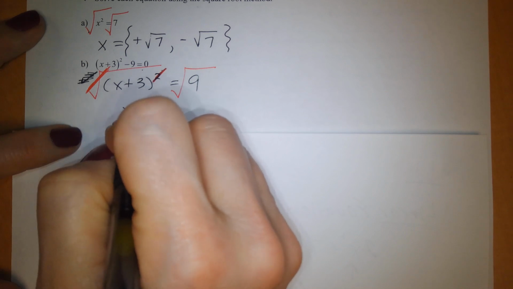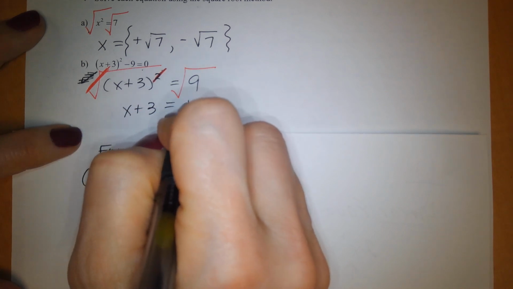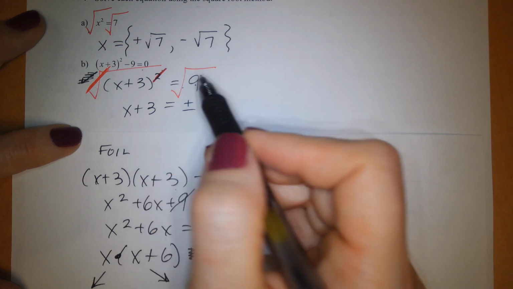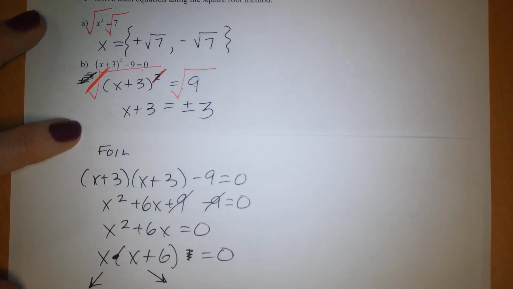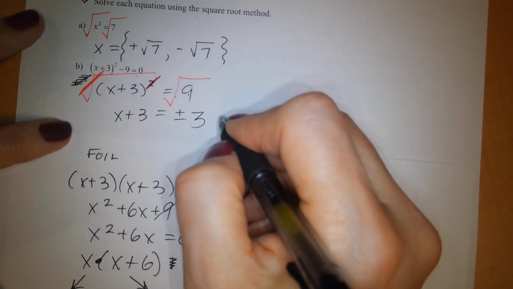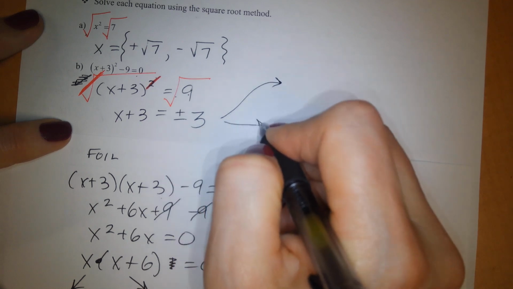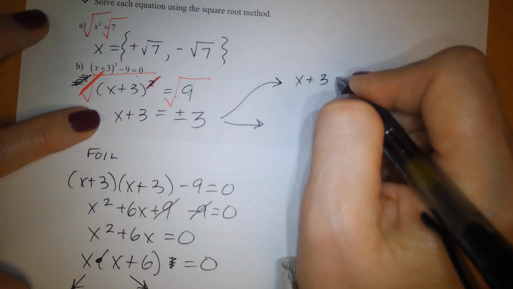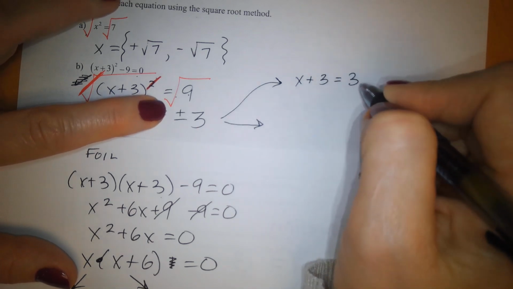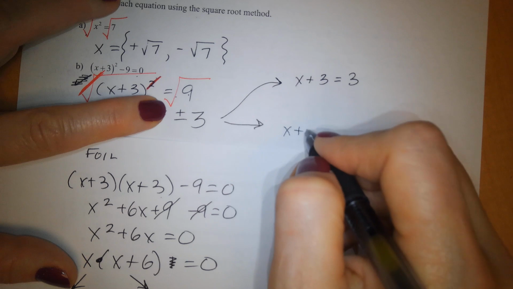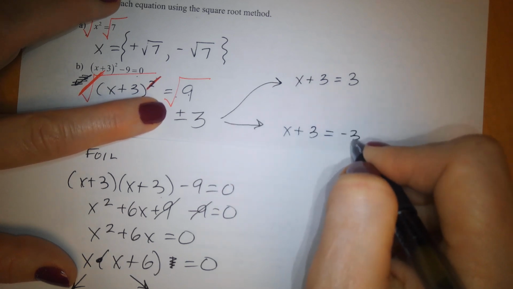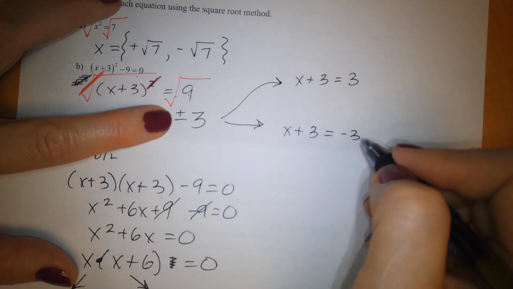So I'm left with x plus 3 equals plus or minus the square root of 9, which is 3. So I have to solve this. There's actually two equations from here. The first equation is x plus 3 equals the positive 3 on the right side, and then I'll also have x plus 3 equals the negative 3 on this right side.